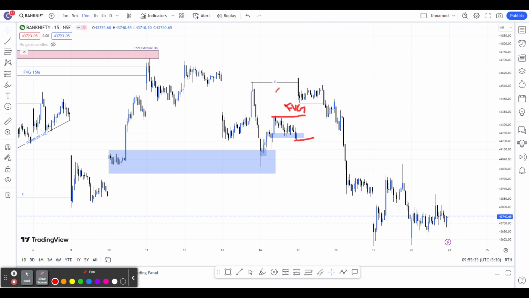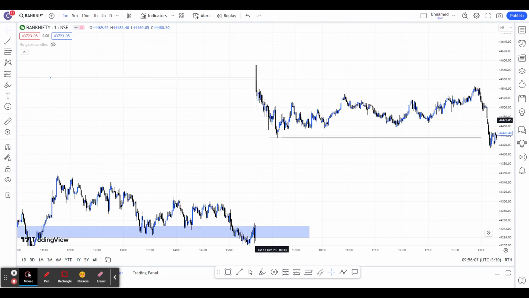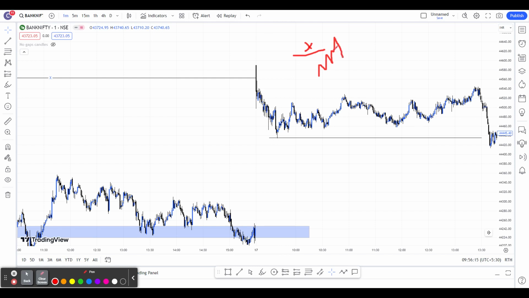I'm going to shift to the 1 minute structure to clarify how this supply took place in this area. Starting from the basics I told you: if the market sweeps a level, we need a breakdown of the recent pullback to the downside for a downside move.